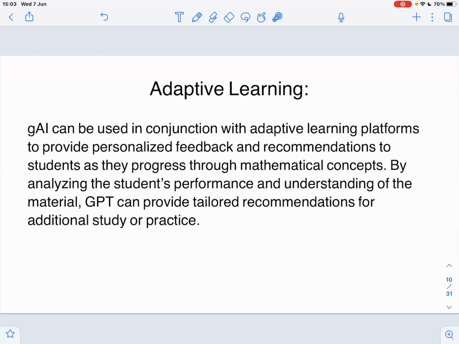You have students who are absolutely fantastic, and then there are students who maybe need a little bit more help. And then you've got the broad middle spectrum. But how can you stretch the abled? How can you support the students who need support?